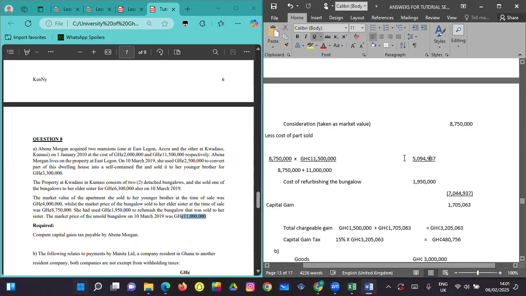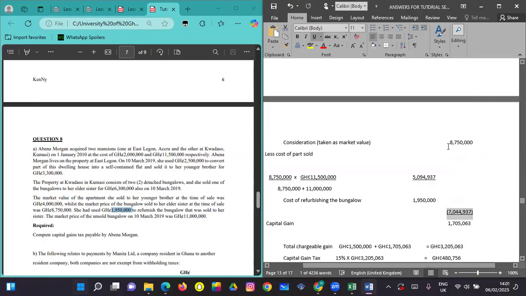Then we add the cost of refurbishing the bungalow to it, the amount used to refurbish it. So we add it to it, and then we add this. I've run the figures to the nearest whole number, that's why you're seeing it that way. So now this is it. Now we take it out of the consideration we received here. Then this will be our total capital gain.